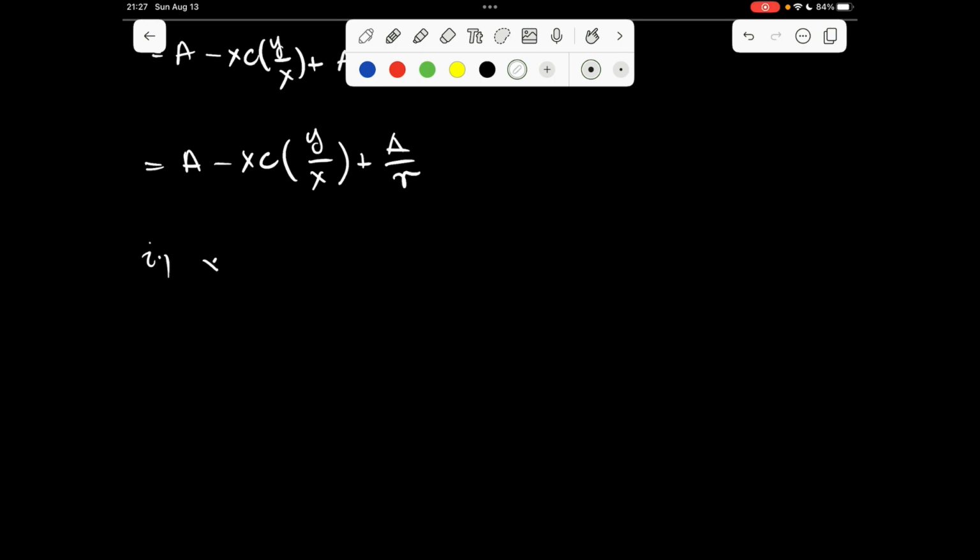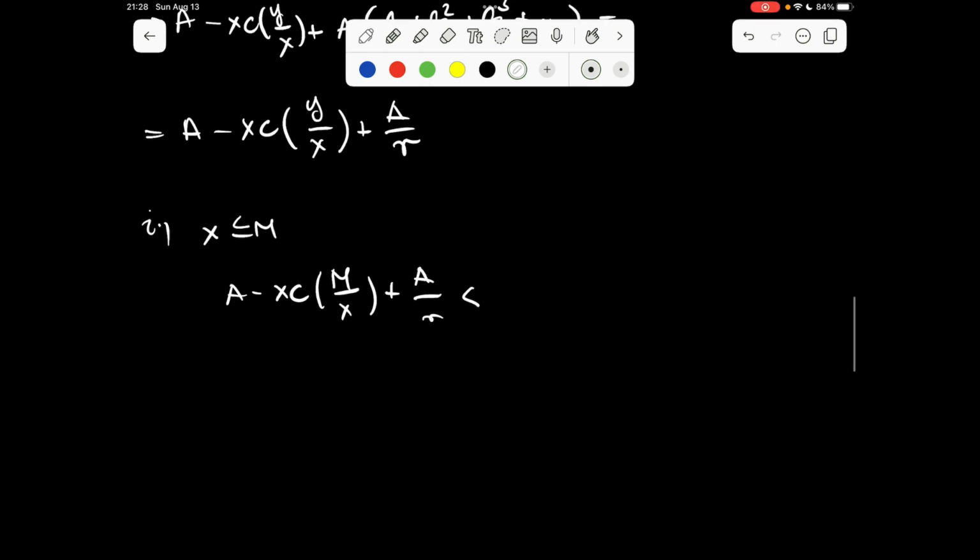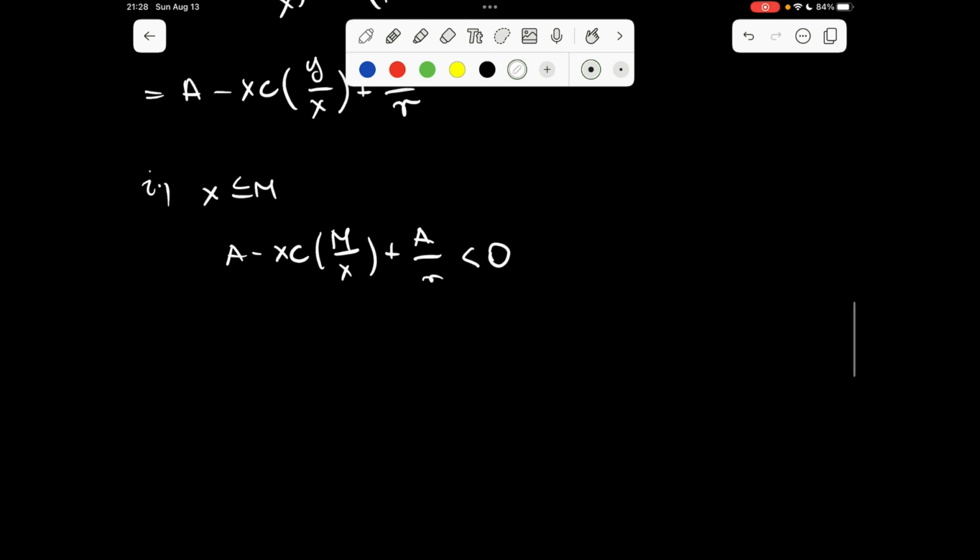In the first case, x is lower than or equal to m. And in this case, let's define m as a number at which the value, the supremum of the problem, is negative.